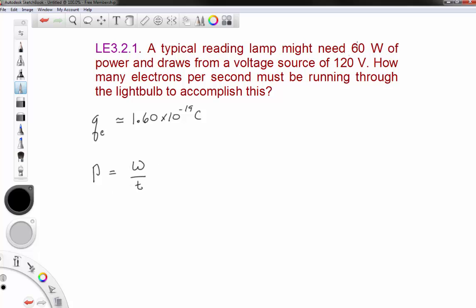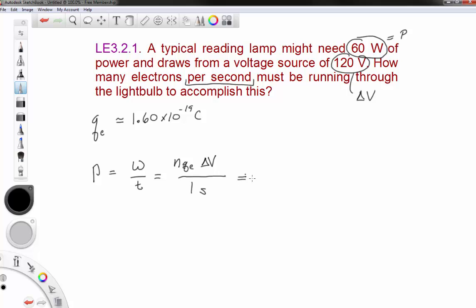So the power here is 60 watts, work per unit time, joules per second. The amount of time we're going to take is 1 second, because it's how many per second. The work done is the charge, Q sub E, times the number of electrons that have that charge, times the potential difference that they go across, delta V. Delta V in this case is 120 volts.